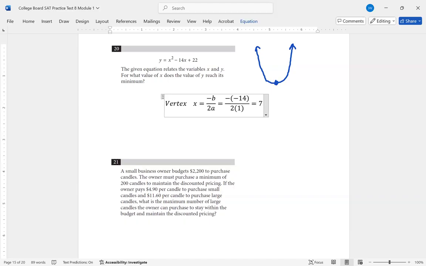So that's the x value of the vertex, and the vertex is the minimum point. So that's all it's asking you to do. For what value of x does the value of y reach its minimum? Well, x equals 7 is the value of x, where the corresponding y value is at a minimum. So x equals 7 is the answer to question 20.